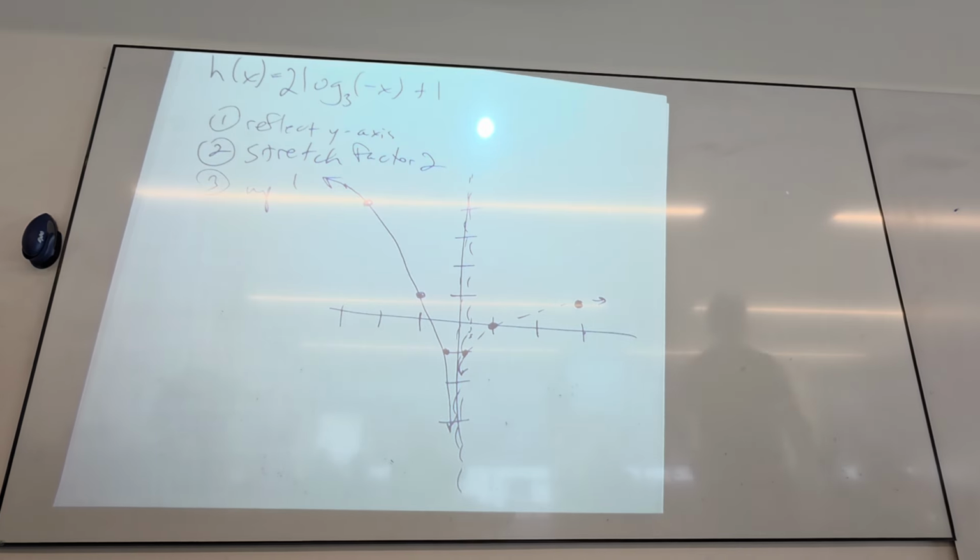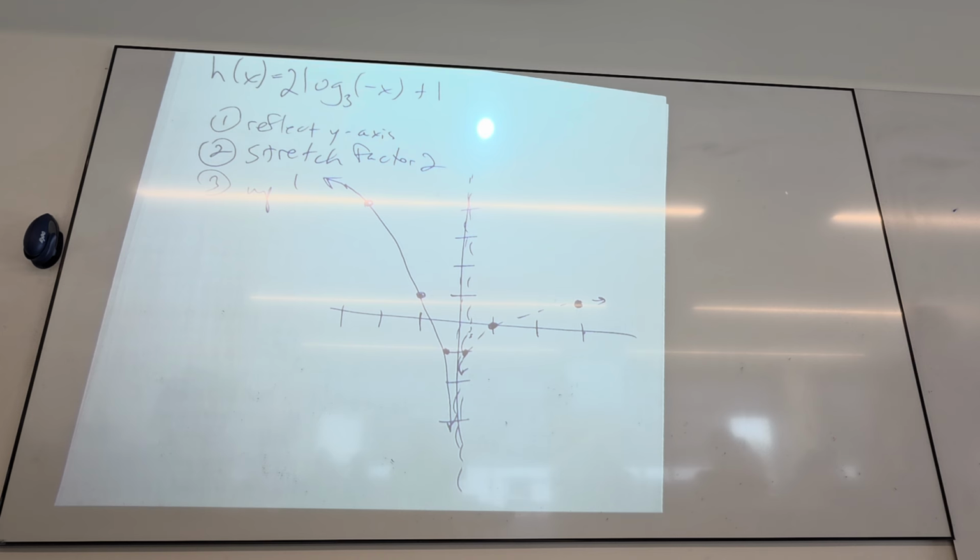So for this one, the x values we used to graph our base function were 1/3, 1, and 3. Because if my base is B, I'm going to use 1 over B, 1, and B. Because those are the easiest things to do.